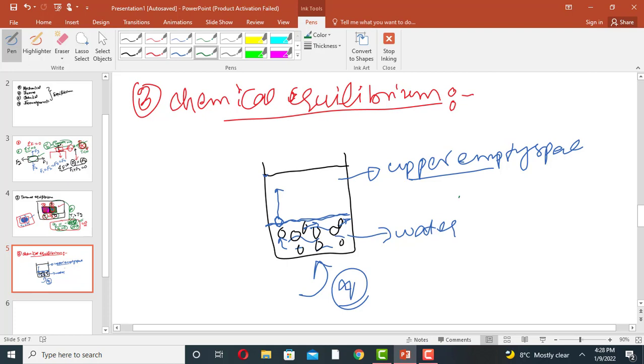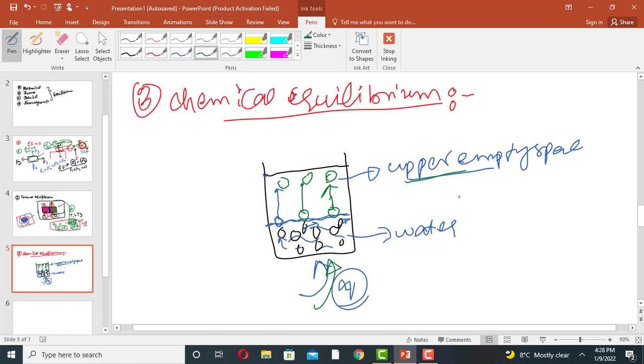So this is the water molecule in the open upper space. When we give further heat to the water, more and more water molecules will transfer from liquid to vapor.